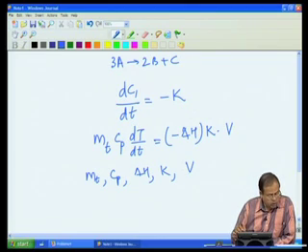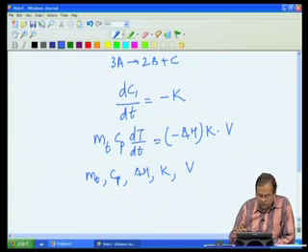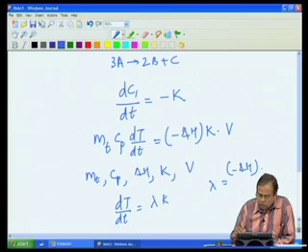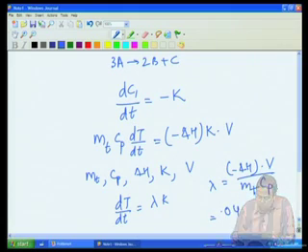So, for the first part, we can write dT/dt as lambda into K, where lambda is minus delta H into V divided by MT into Cp. So, if you put all those numbers together, that works out to be 0.045.